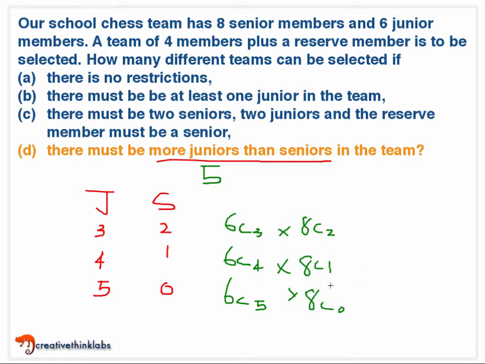These are all the possible scenarios that will meet the restriction that there will be more juniors than seniors. Once I have tabulated each of these answers, I have to add them, because these are the different possible scenarios that can happen. I will leave this up to you to calculate. If you calculate this and add them, you will get the answer of 686.